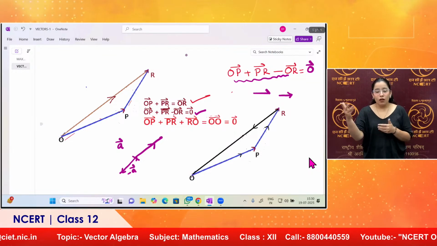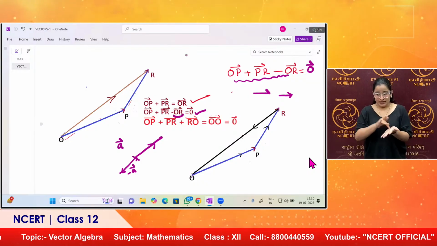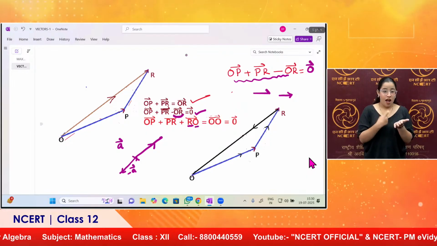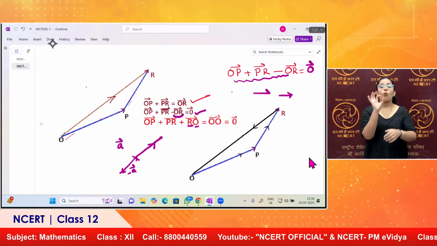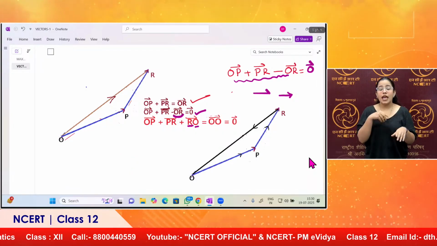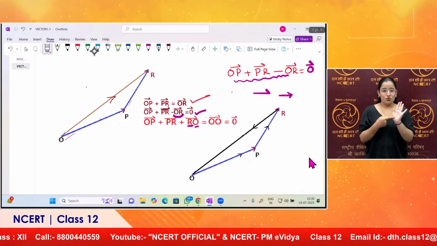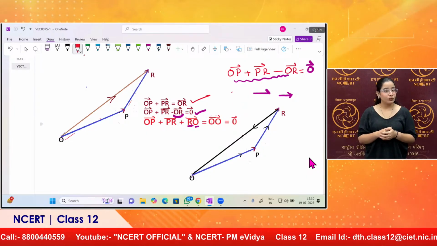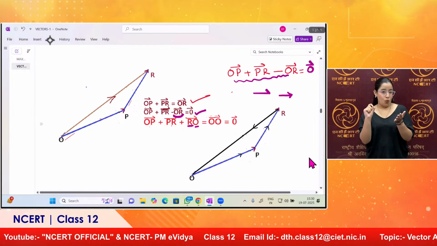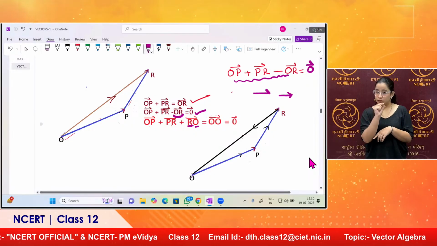So now the initial point becomes R, and the terminal point is O. With that change, we have the expression as OP plus PR plus RO.